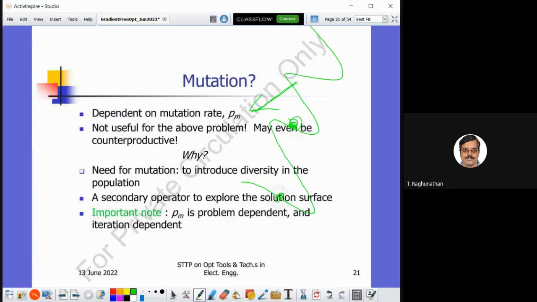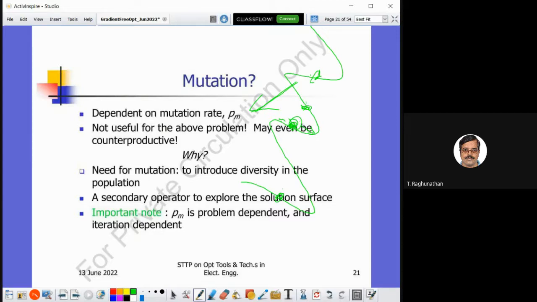hopefully from here it will come here, or from here it will go here. Only if I do small changes like in gradient methods, it will go up and down. If I do mutation, it might even jump. It will come to a different place in the solution landscape.